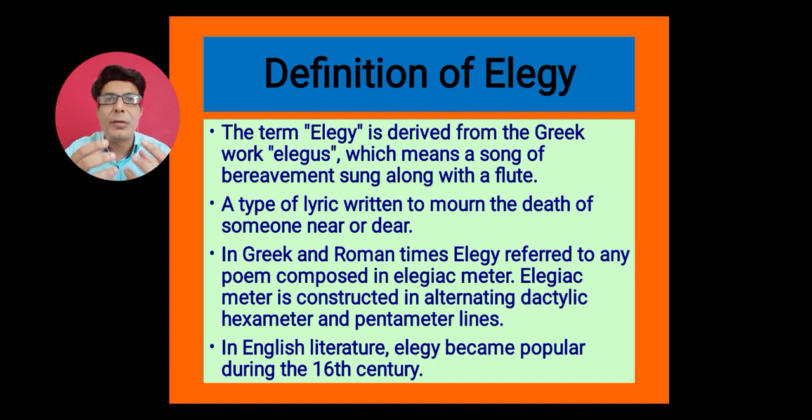Bereavement means a kind of sadness, an expression of sadness. This emotion is presented in the form of a song, and this song is sung in the company of a flute. So, friends, the word elegy comes from the Greek word elegus, meaning the bereavement which is sung along with a flute.